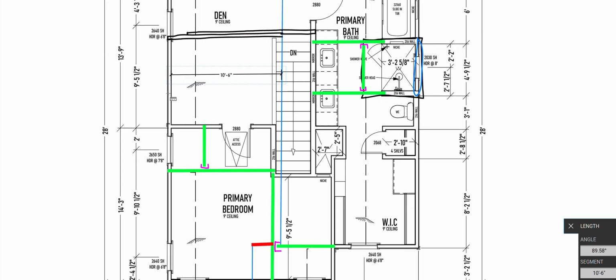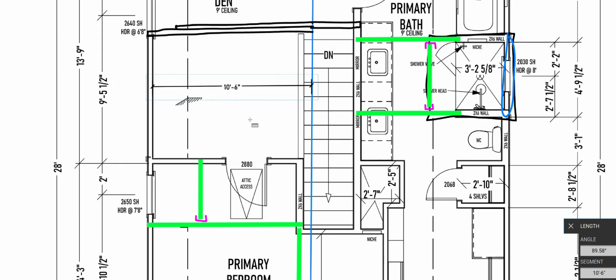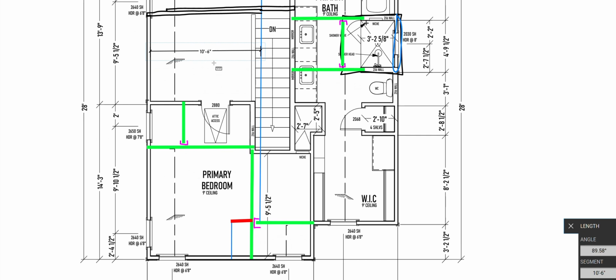If this is a regular situation, I could use 2x6s at 24 inches on center, and that would be great. But I've got extra weight on it, so I've got to figure out something else. So 10'6" is my number that I'm working with here.